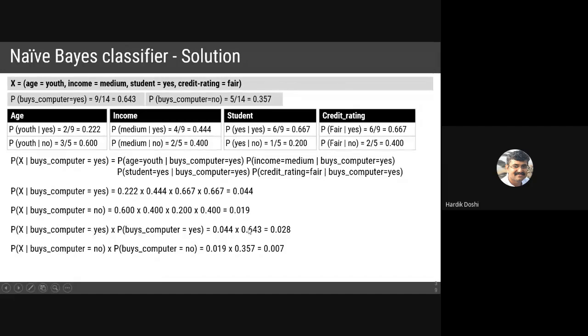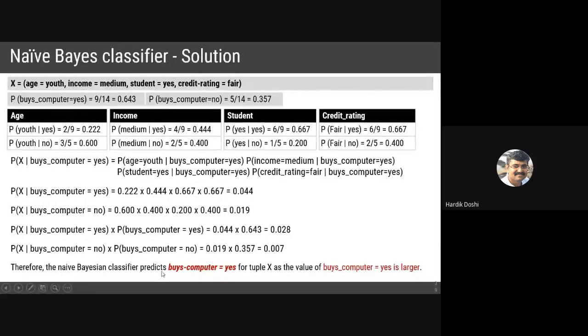With probability yes or with probability no? Whose value is higher will be satisfied. So therefore, the naive Bayesian classifier predicts for this tuple X that the person buys computer, as the value for buys computer equals yes is larger.